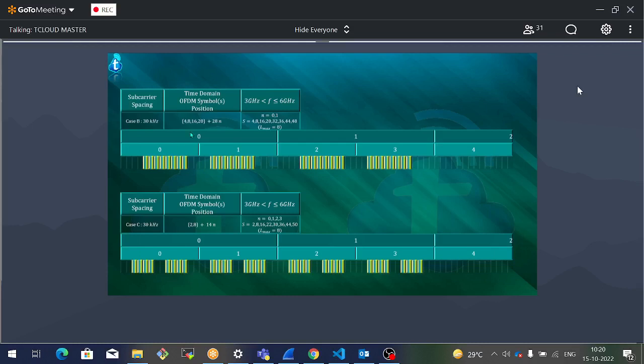So the operator decides exactly which one to take, case B or case C. The time domain position is decided on the basis of the case decision. Of course, only for 30 kilohertz do we have this case decision to make. For all other things, it is fixed.